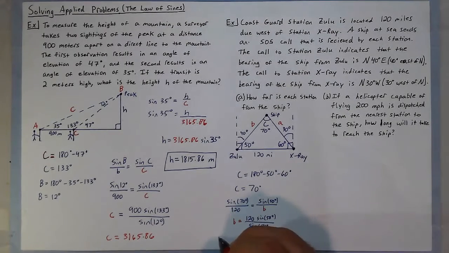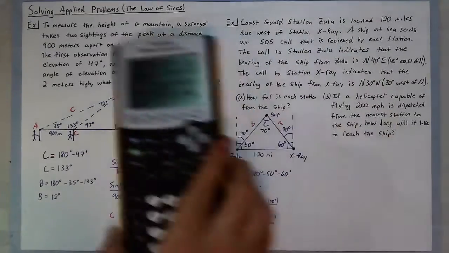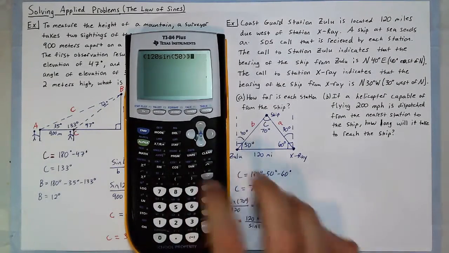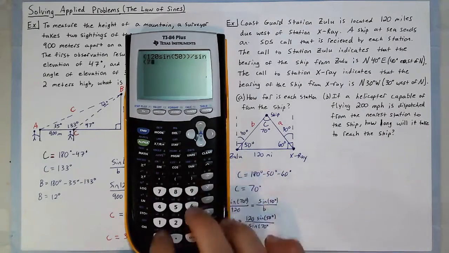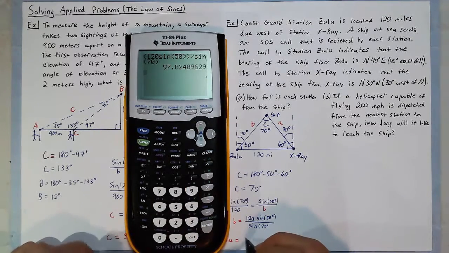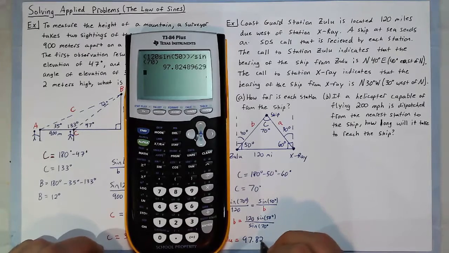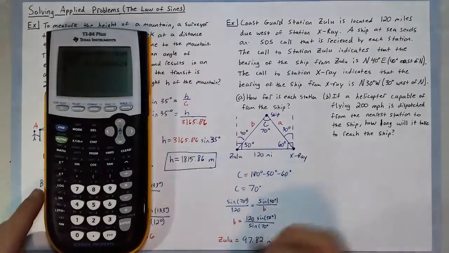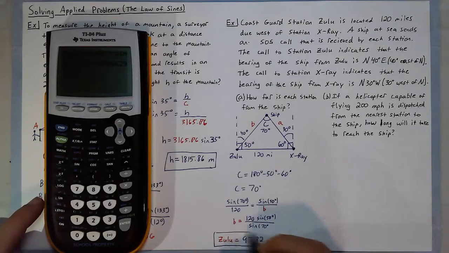So station Zulu would be how far from the ship? 120 sine of 50 degrees divided by sine of 70 degrees, 97.82 miles for station Zulu.